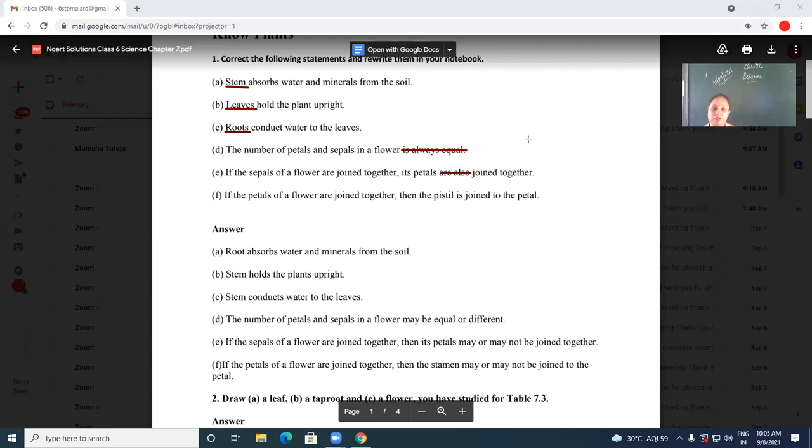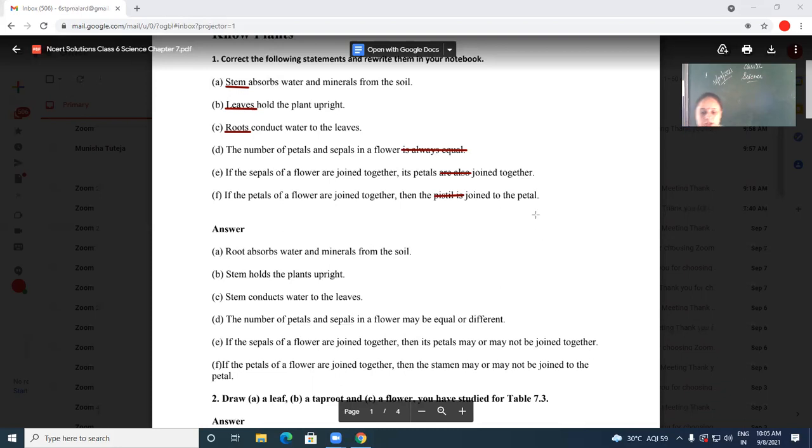If the petals of a flower are joined together, then the pistil is joined to the petal. Again, the correct one is: if the petals of a flower are joined together, then the stamen may or may not be joined to the petal. So we will cut this whole thing.